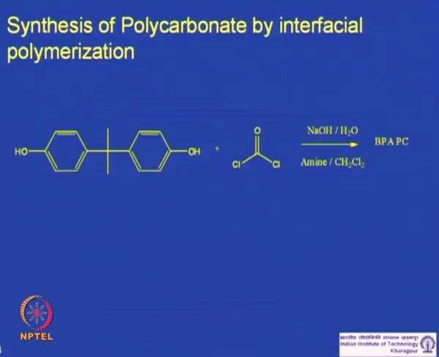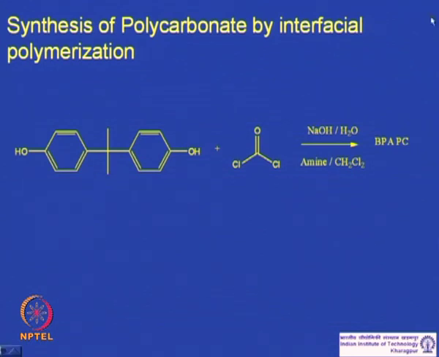In interfacial polymerization, reactions happen at the interface between two liquid phases. Two monomers are taken in two different liquid phases and the reaction happens at the interface. For example, the majority of polycarbonates are synthesized by this interfacial polymerization.